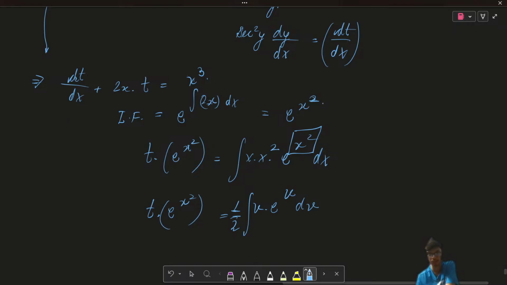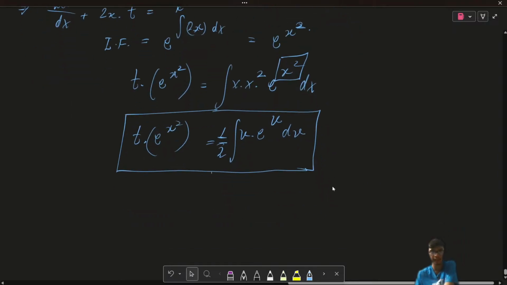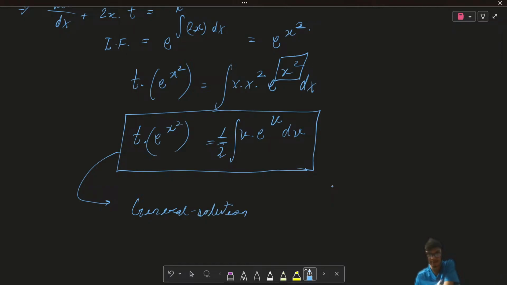Now once you are getting the general solution in terms of t, please don't forget to substitute back, that is t is equal to tan y. So if you solve this problem to the final step, the final answer in terms of y and x is going to look like this.